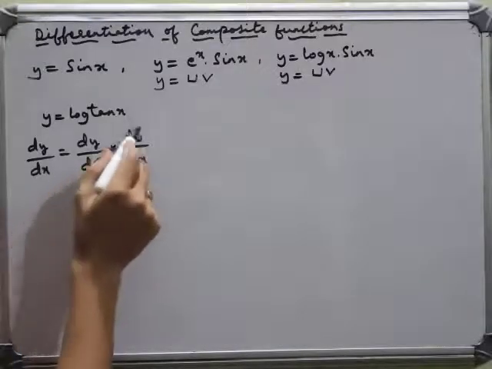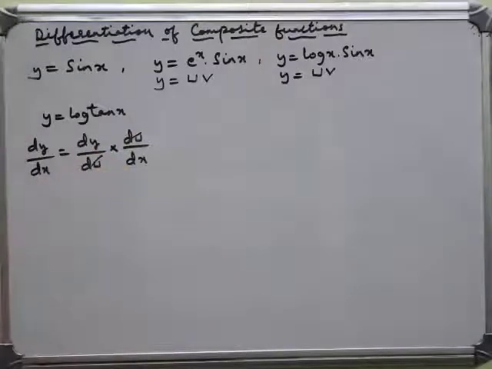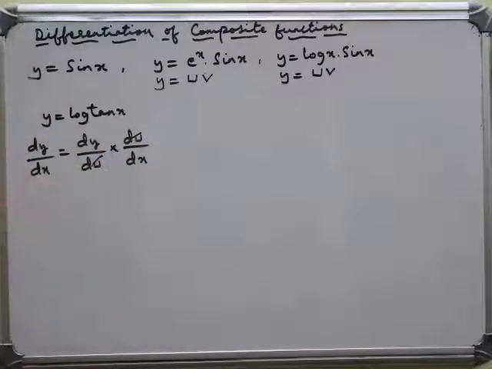This du and du can be cancelled, and dy by dx is left. Okay. So I want you to try out log tan x in this method, the NCERT prescribed method. It is not necessary that you use the same method in your examination. You can also use the method which I have explained in our video.